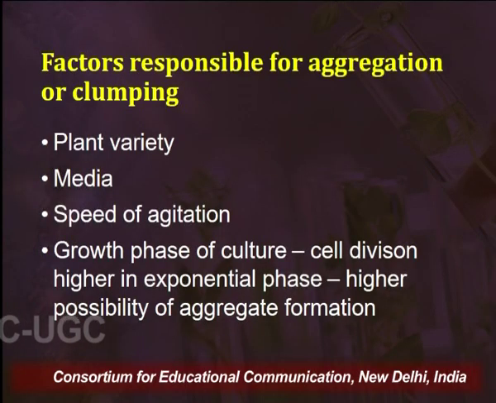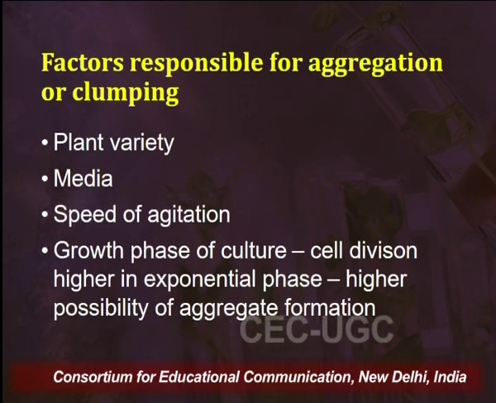Third is speed of agitation. As we discussed previously, agitation or stirring of the liquid media always helps in preventing aggregation, or helps in breaking the clumps of the cells.